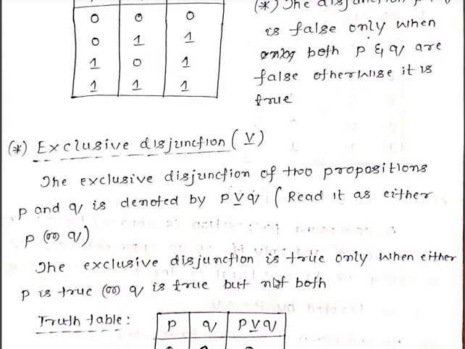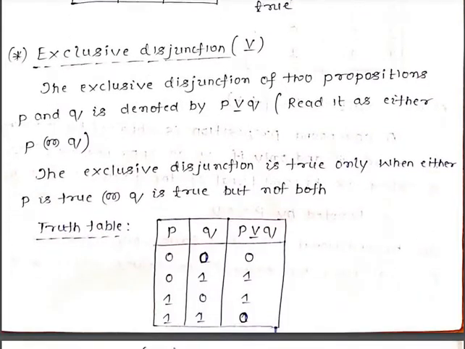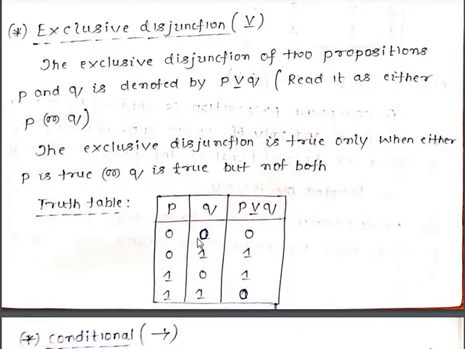The exclusive disjunction is true only when either P is true or Q is true, but not both. Any one should be true. If both are true, it will not agree, and if both are false, it will not agree. So if P is 0, Q is 0, P exclusive Q is 0.